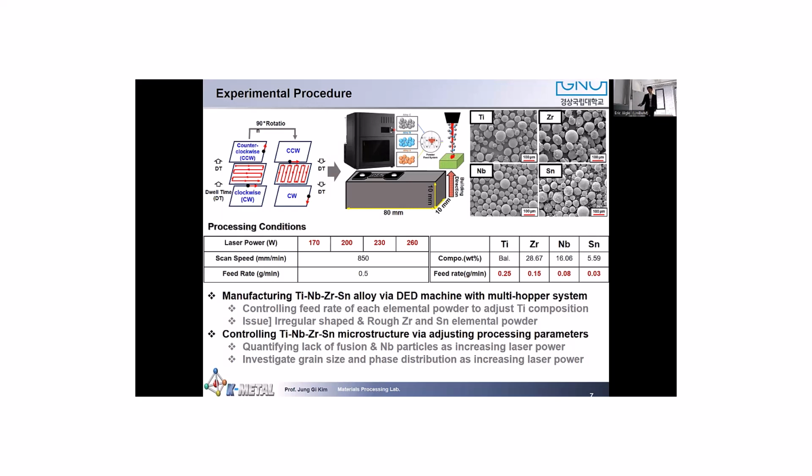But anyway, we tried that at that time and controlled processing parameters, especially laser power, to check lack of fusion and unmelted particle changes as we increased laser power, and to investigate the grain size and phase distribution.